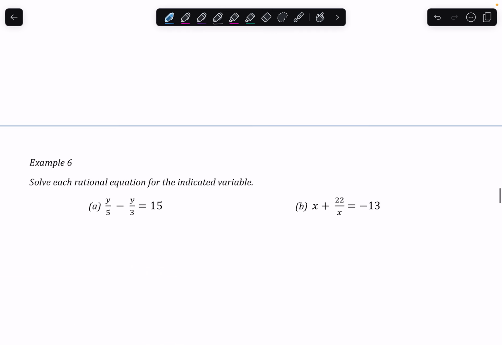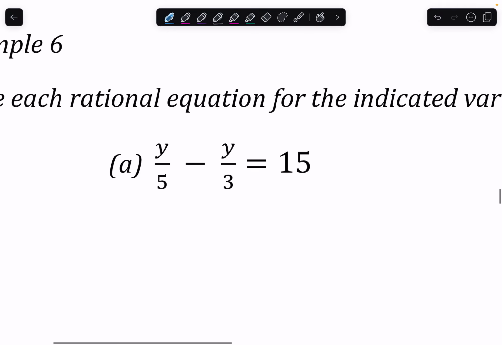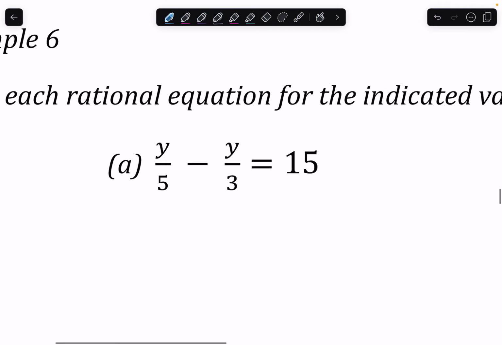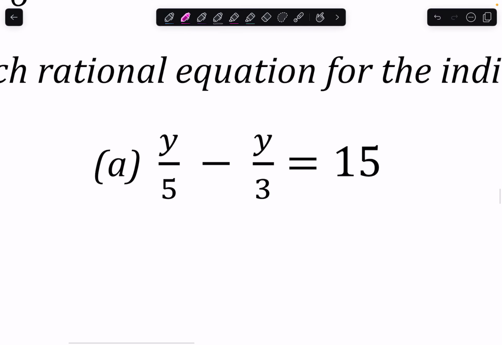All right, so solve. First thing I want to do is look at my fractions, and the denominators are in factored form. So I want to create my LCD. That 15 is over 1, so it does still have a denominator, but we don't need to worry about it when it's a 1. My LCD is each factor independently. First one I run into is 5. 3 is different.